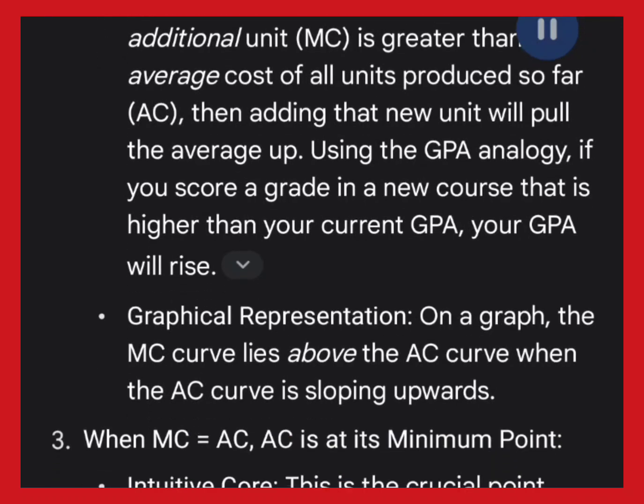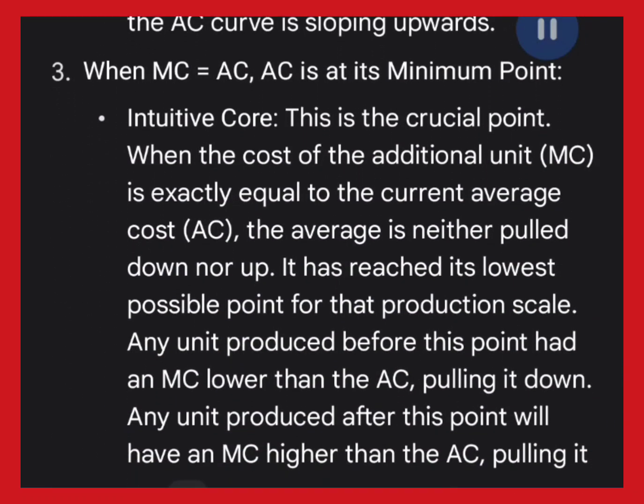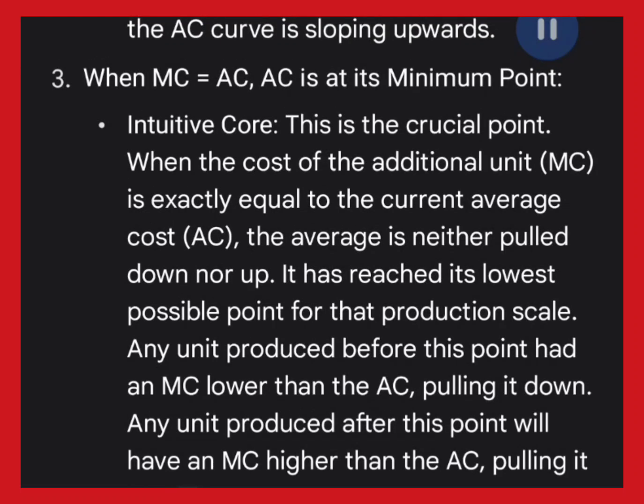3. When MC equals AC, AC is at its minimum point. Intuitive core: this is the crucial point. When the cost of the additional unit, MC, is exactly equal to the current average cost, AC, the average is neither pulled down nor up. It has reached its lowest possible point for that production scale.